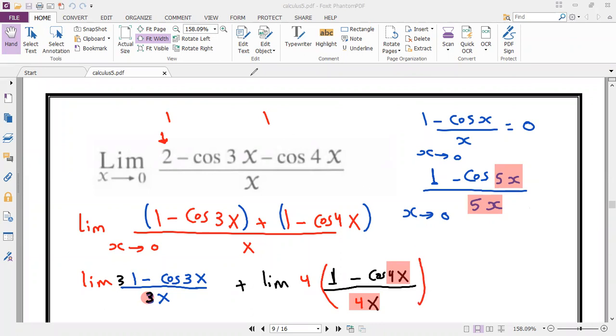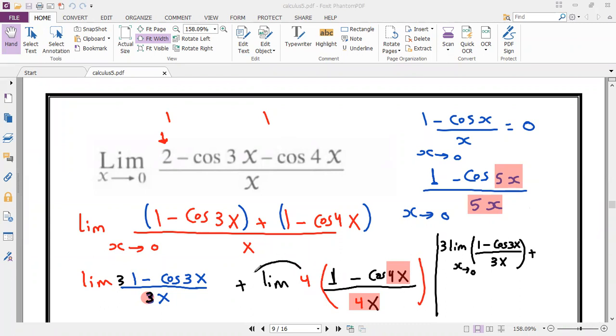So that is going to be the limit of 3. We can write this 3 in front of the limit. So 3 times the limit of 1 minus cosine 3x divided by 3x when x tends to 0, plus 4.